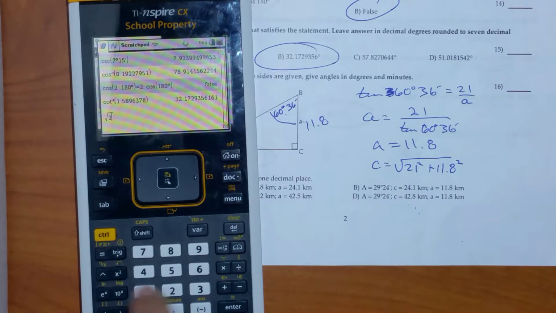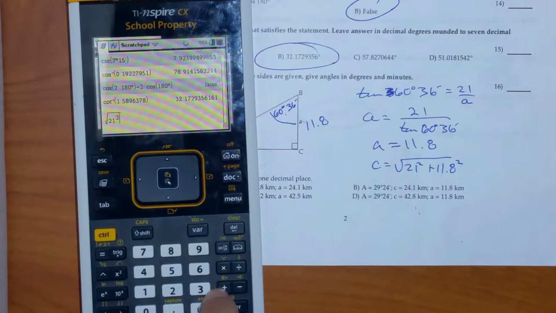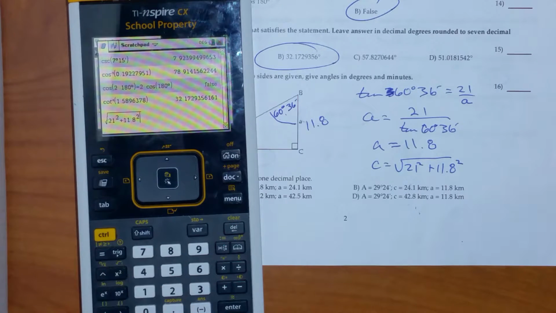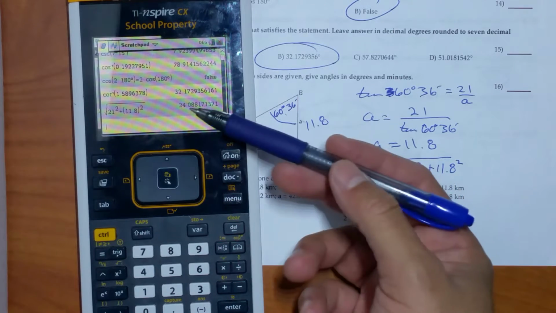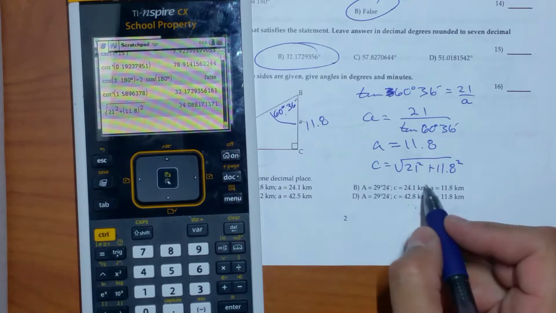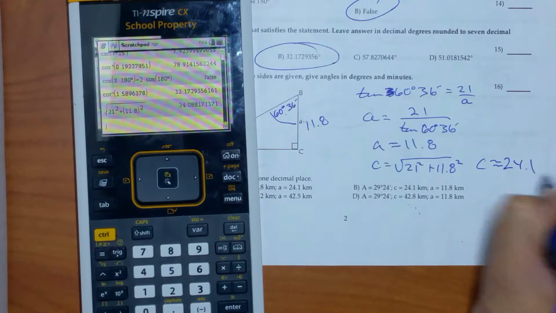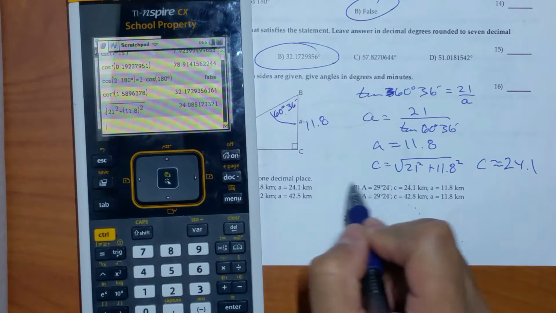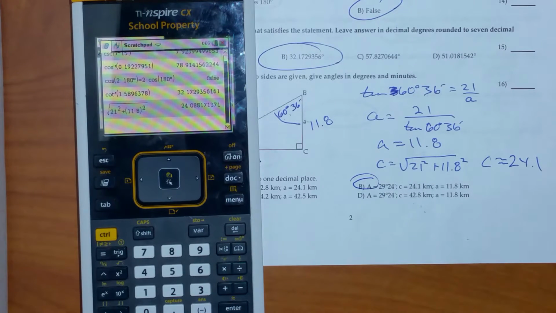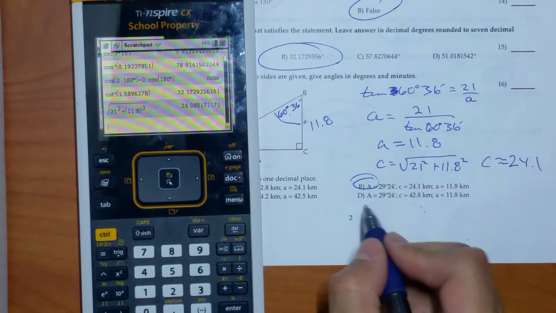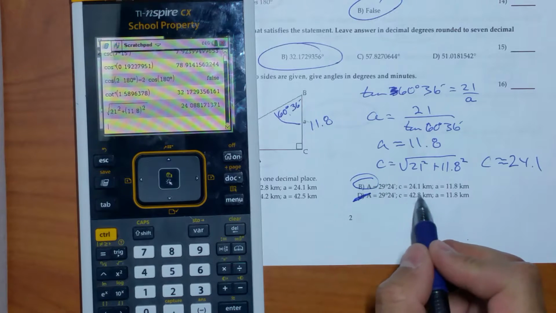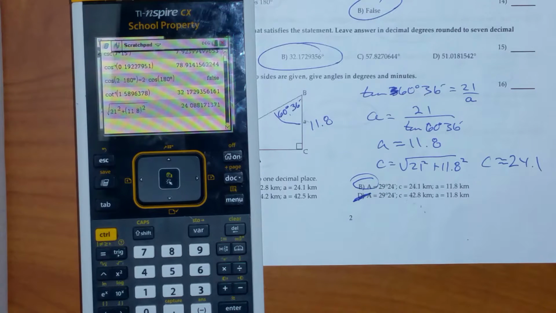So, square root of 21 squared plus, right here. And so I get about 24.1. So my answer has to be B, right? Because D is not correct because this is what they have for the C value.